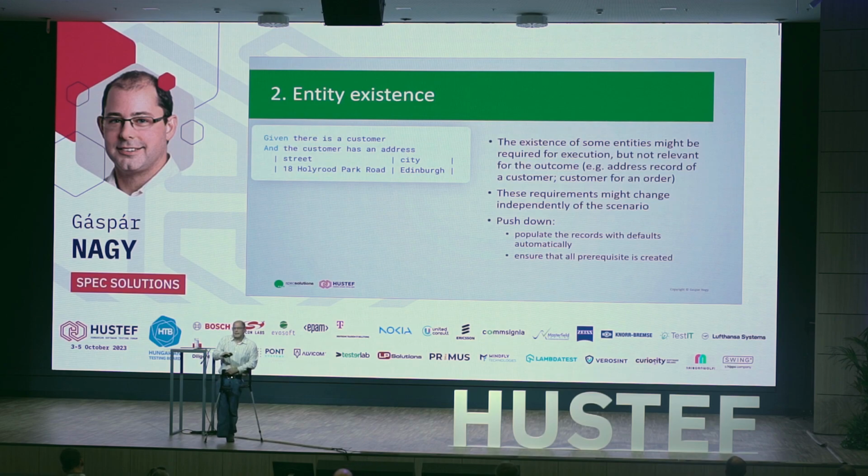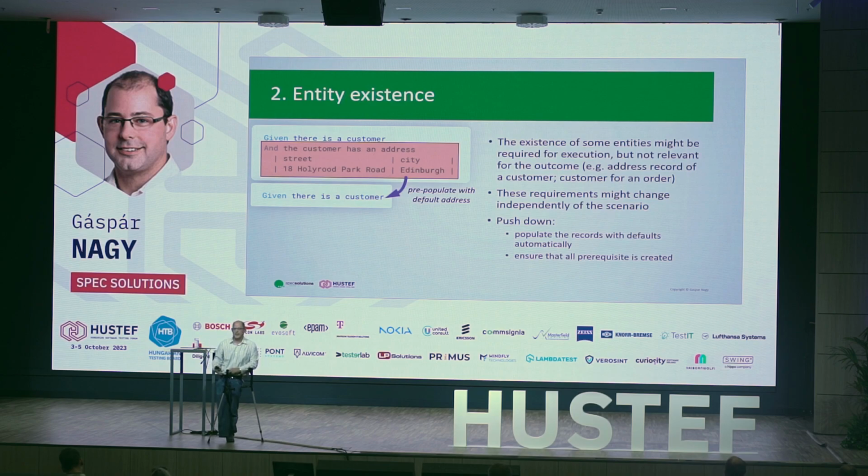The other is the entity existence, so sometimes we need to create some new entities just because it's required by our model. In my stupid example, I just say that for my customer, I need to have at least one address record. In some tests maybe that's interesting, but if it's not interesting, then we would need to apply again some sort of defaulting, so that whenever I just say that I create an order, it automatically creates all the necessary attachments to that.